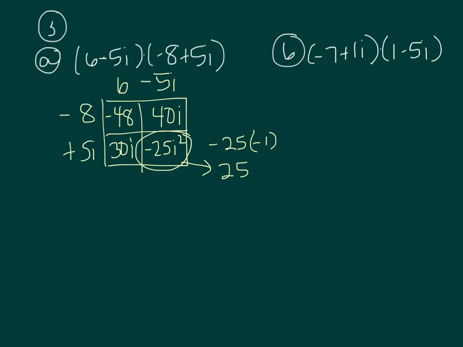So I'm just going to add my like terms together. I'll use this color. I think it'll be better. So I've got negative 48 and positive 25. That gives me negative 23. And then I've got my like terms 40i and 30i. One big mistake that I saw here is a lot of people tended to think that the 40i was negative, but notice you have 2 negatives you're multiplying by here, so that's going to give you a positive 40i.